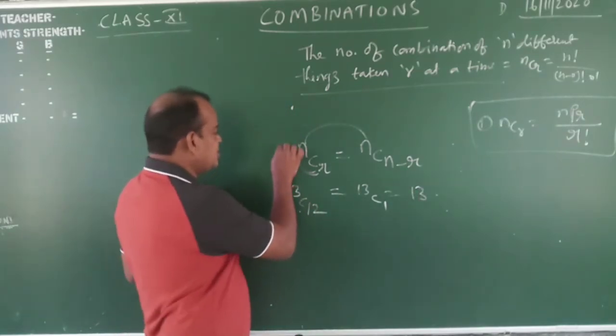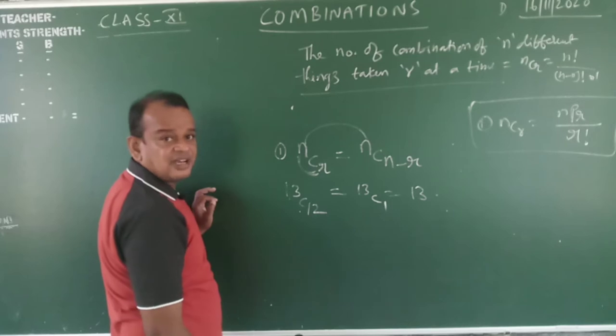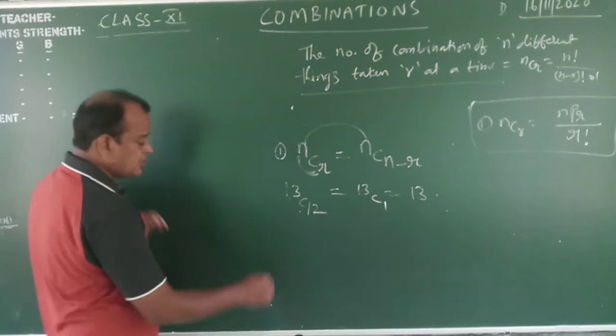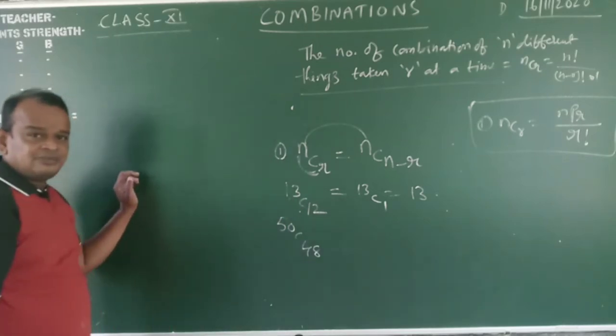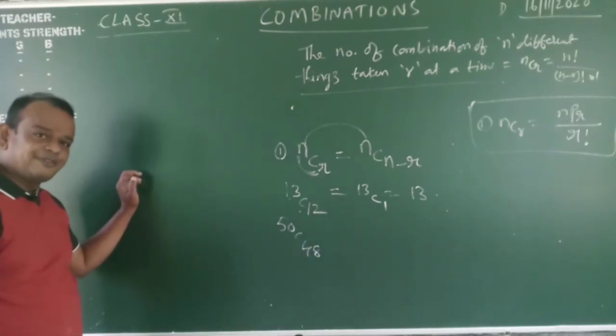Okay, my dear students, this is one formula: nCr is equal to nC(n minus r). From the examination point of view, suppose 50C48. How to find 50C48?